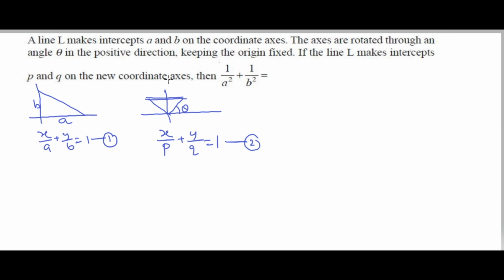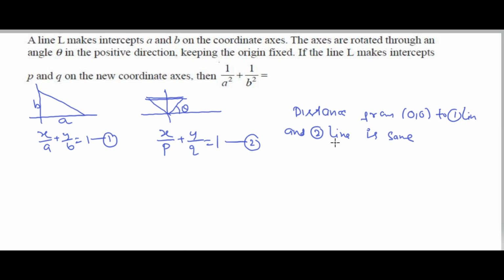If the axes are rotated, the distance from the origin to the first line and the distance from the origin to the second line are both the same. So the distance from 0 comma 0 to the first line and the second line is the same.